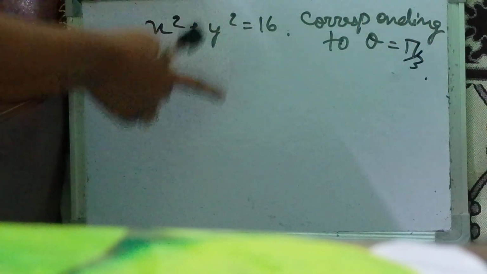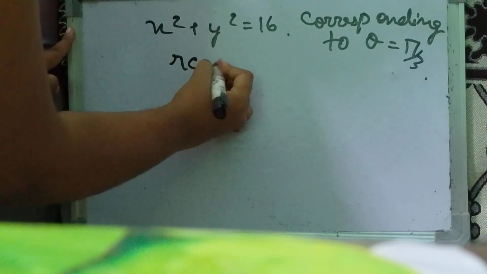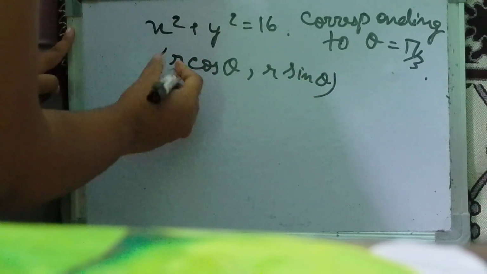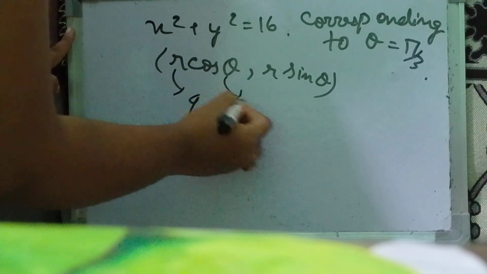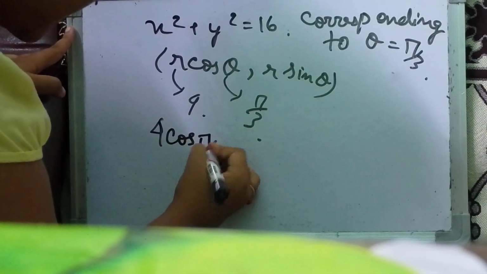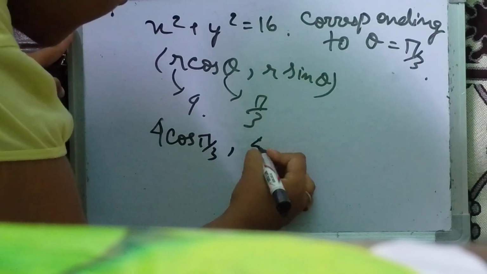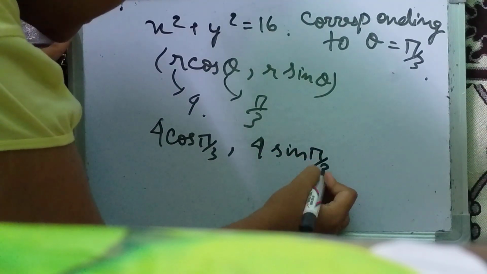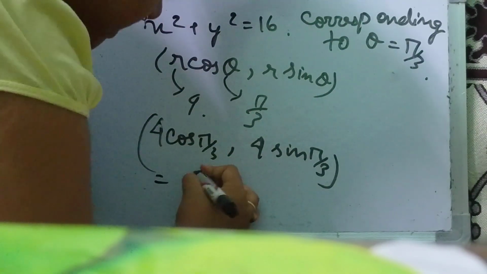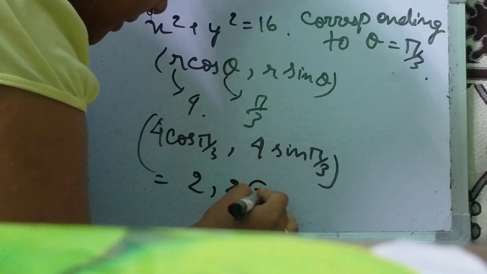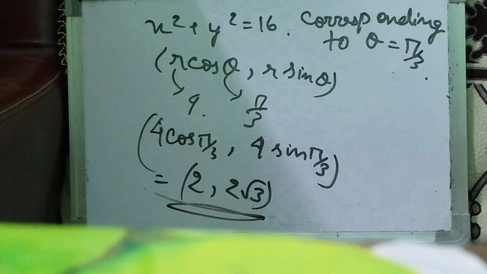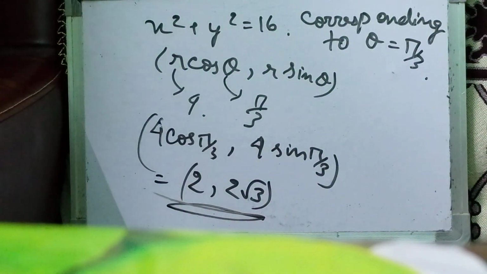We know any point on the circle can be written as r cos theta, r sin theta, where r is given as 4 and theta is given as pi by 3. So it becomes 4 cos pi by 3, 4 sin pi by 3. So its value is 2, 2 root 3. This is the parametric point on the circle.